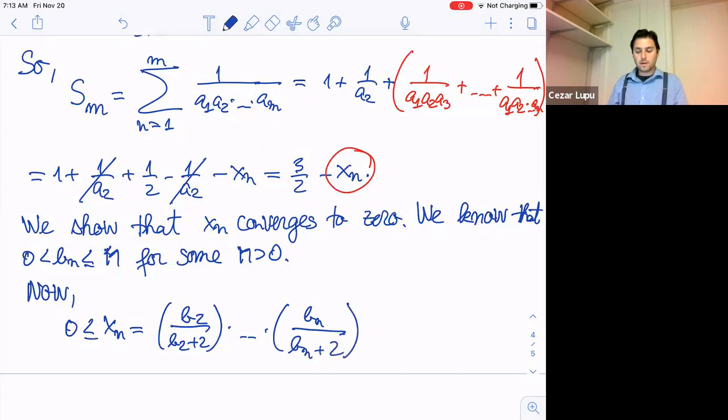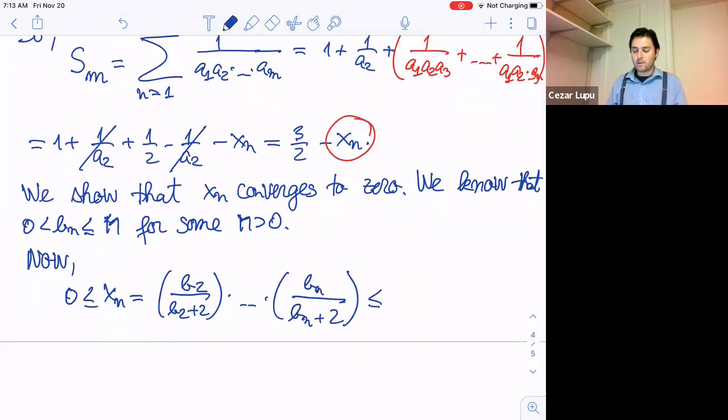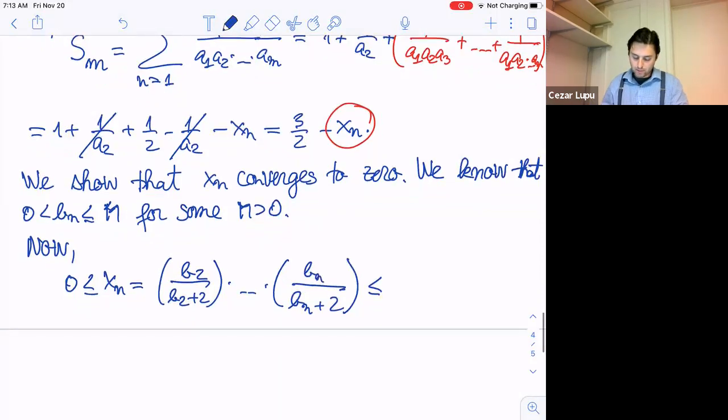Since I know that Bn is less or equal than m, I can bound this by m to the power n minus 1, right?